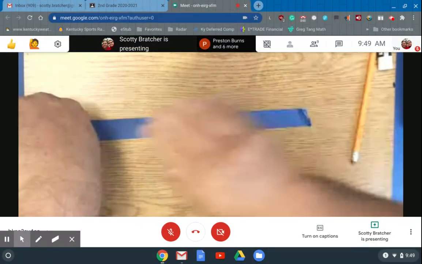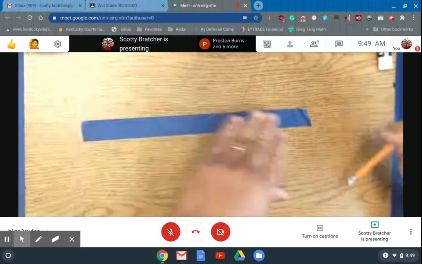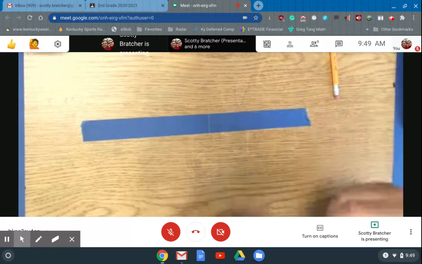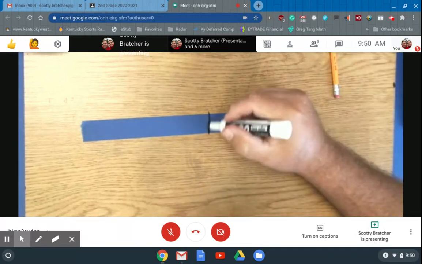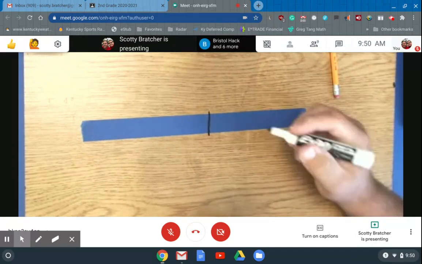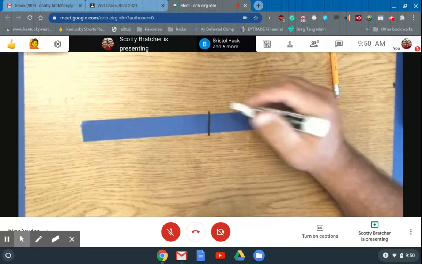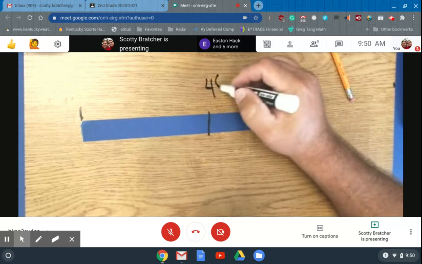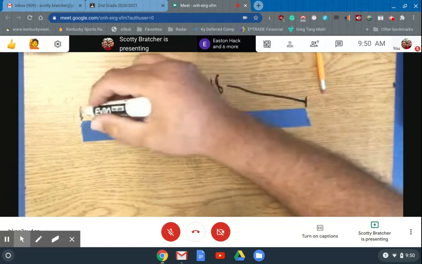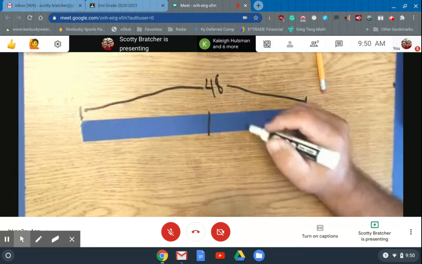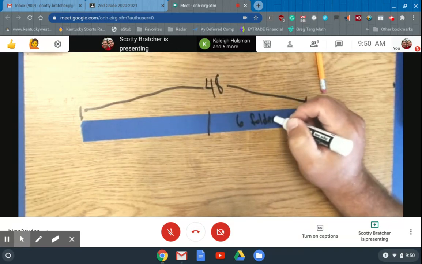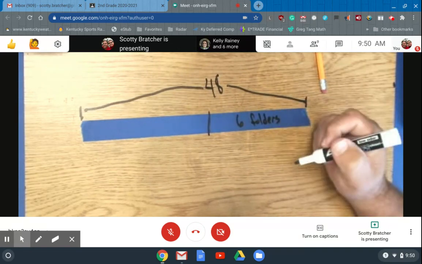So here's a piece of tape. And if I took and I put a mark right there, I don't know if you can see that. Let me do this one. And I said that the whole from this all the way to there was 48. That's how big it is. And we give 6 folders to table 1.